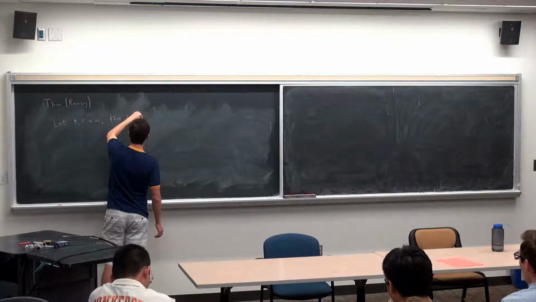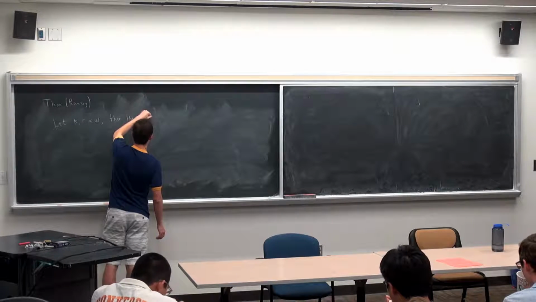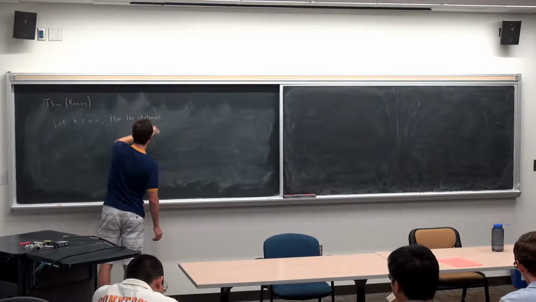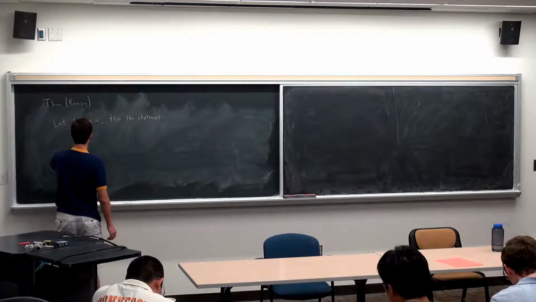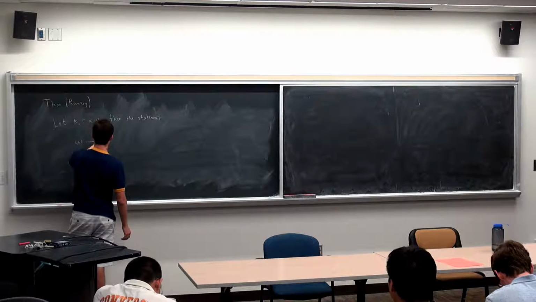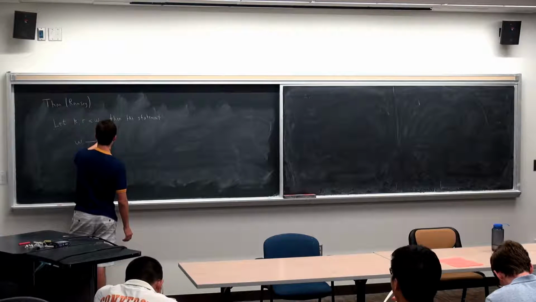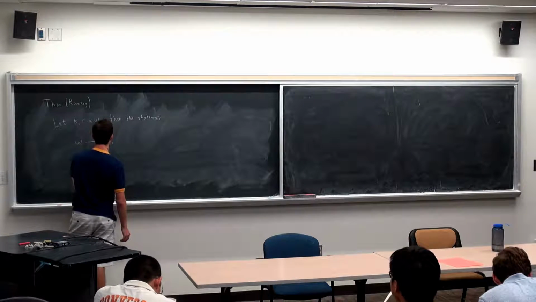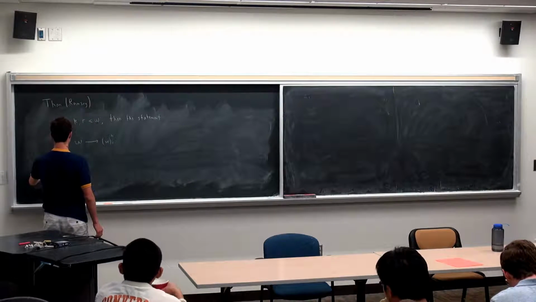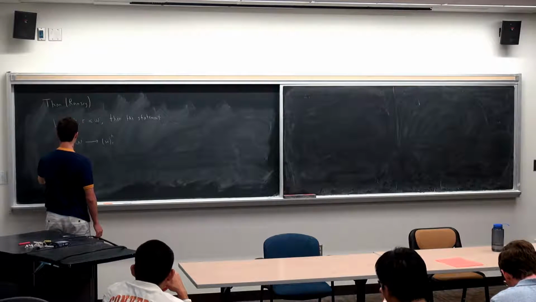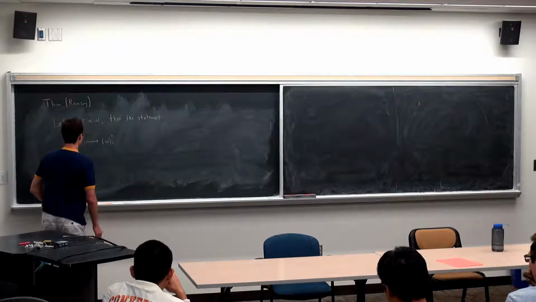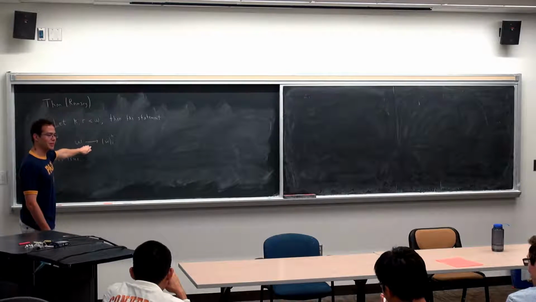So what I'm going to write is going to look kind of funny, but I'll explain. So the statement, omega arrows omega k r, is true. So this is a statement.